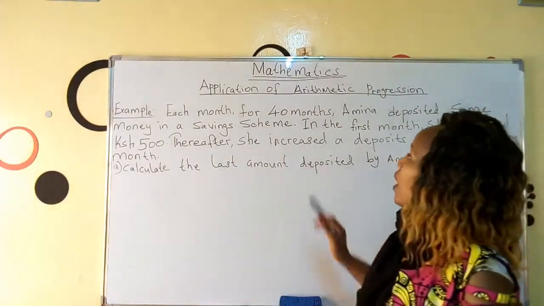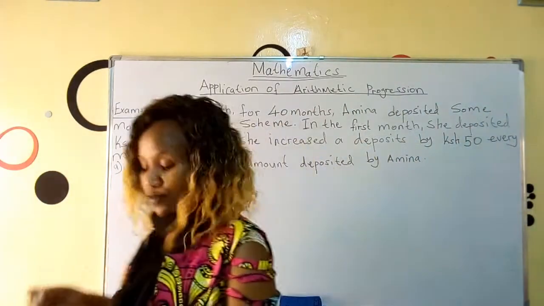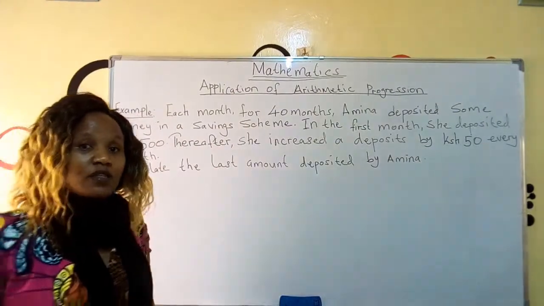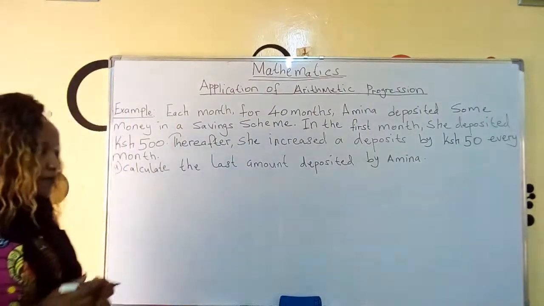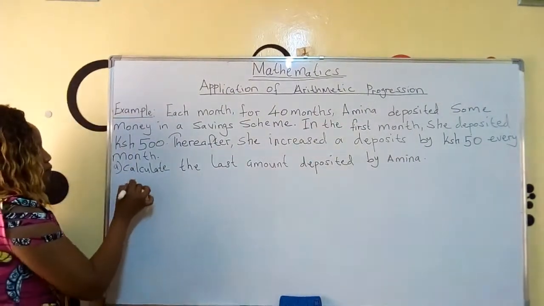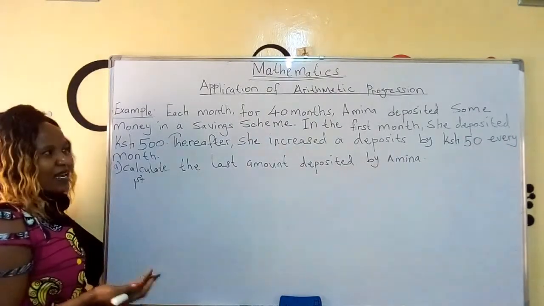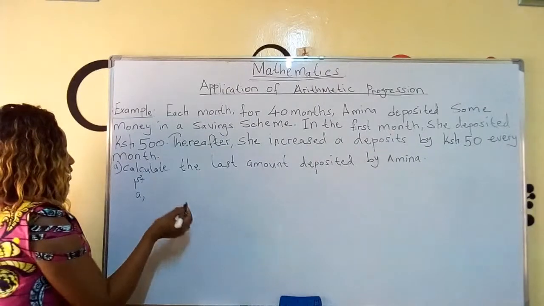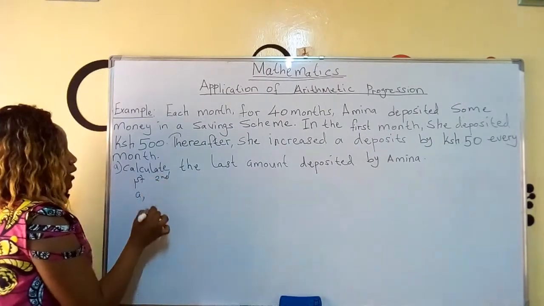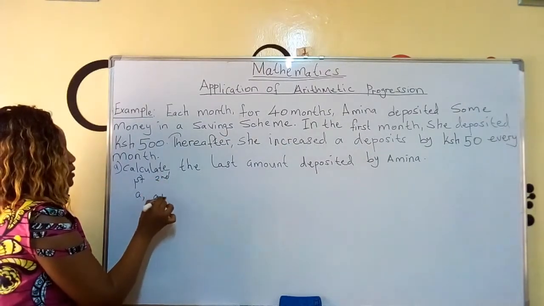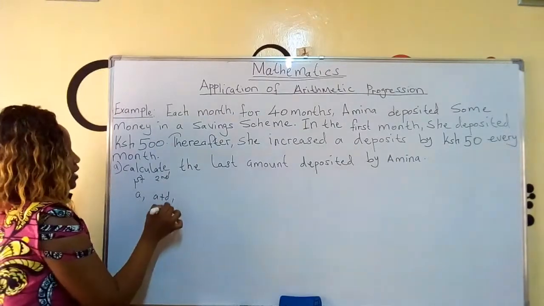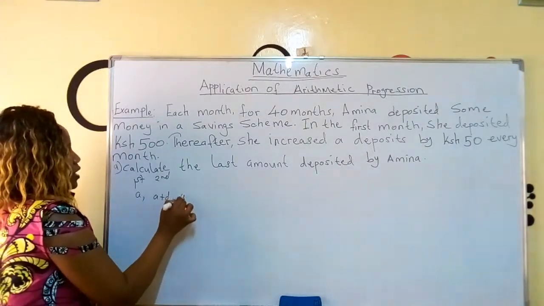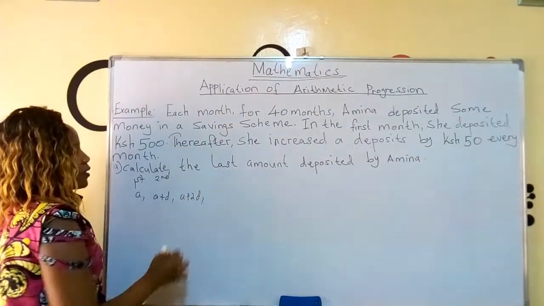So what we know about arithmetic progression before we start tackling that question is that the first term of any arithmetic progression is A. The second term is A plus D. The third term is A plus 2D.